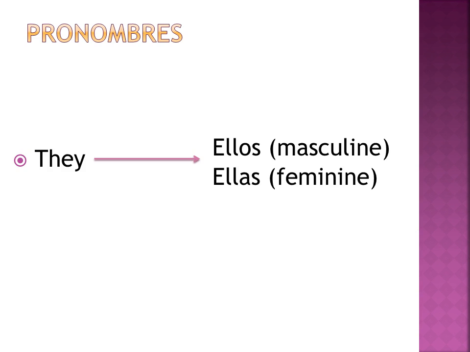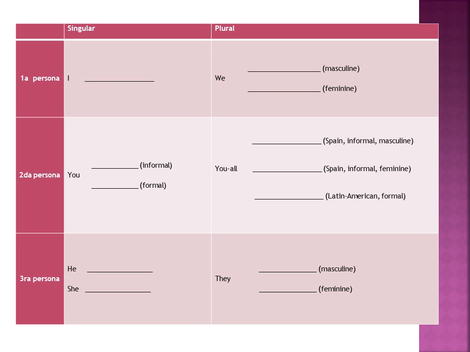Okay, now let's look at the pronouns in a different way. We're going to look at them in the singular and plural, singular y plural, but also on the first, the second, and the third person. So, la primera persona significa first person, segunda persona, second person, tercera persona, third person. So the first person of the singular is yo, and we talked about this.